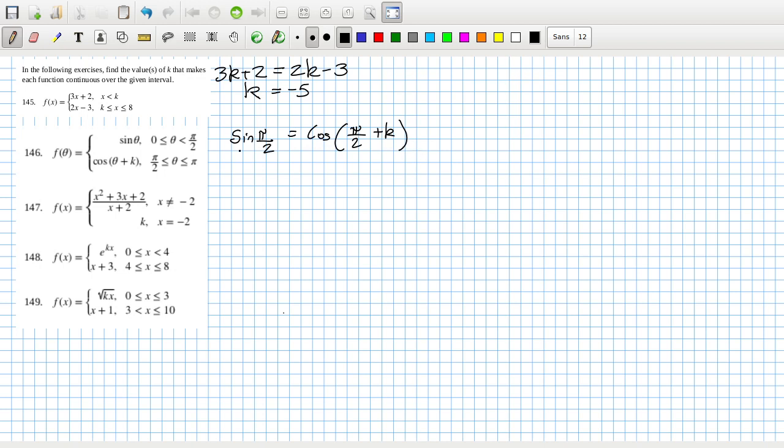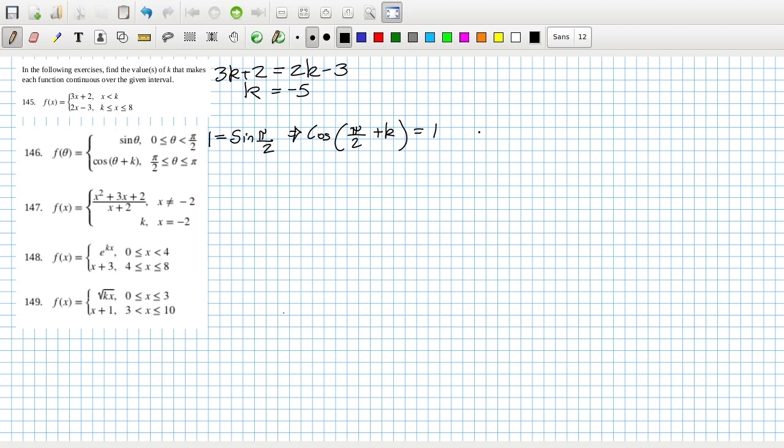But sine pi over 2 is 0. So what that means is I just need this to equal 0, which means pi over 2 plus k. When is cos 0? Oh, I'm sorry, I said sine pi over 2 is 0. That's not true, it's 1. So that means I need this. So sine pi over 2 equals 1. So that means I need cos pi over 2 plus k to also equal 1.